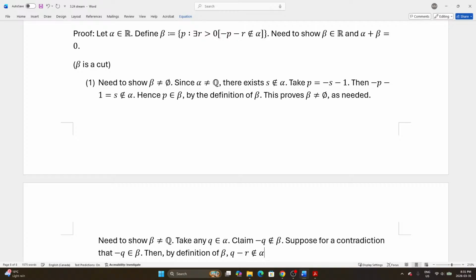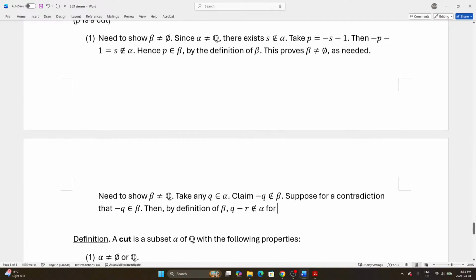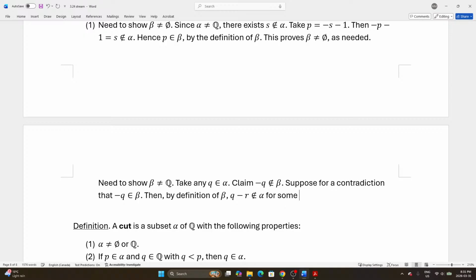Because this violates property 2 of the cut. Everything that is less than Q should be in alpha, right? Q is in alpha, so everything to the left of Q should be in alpha.